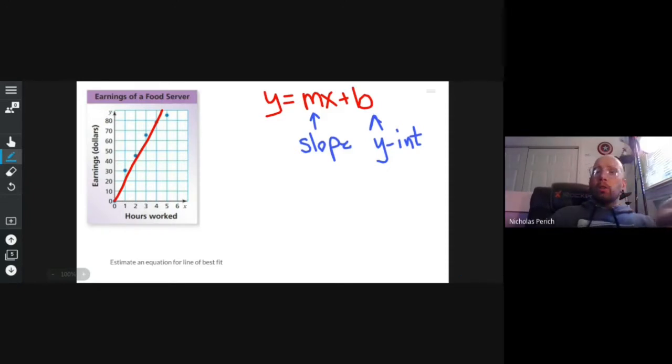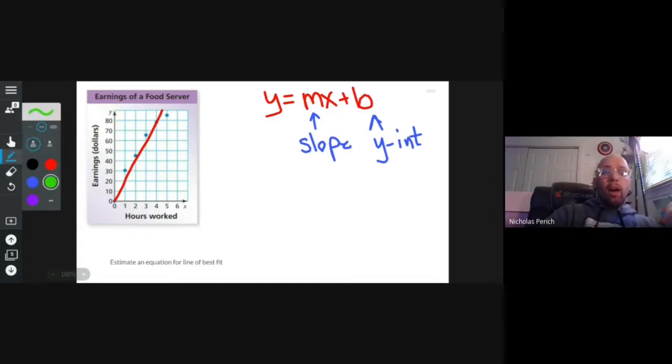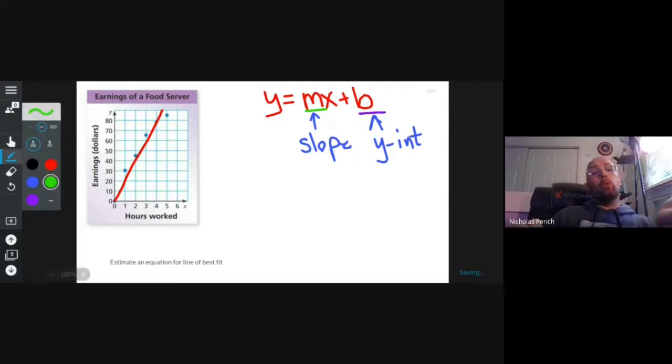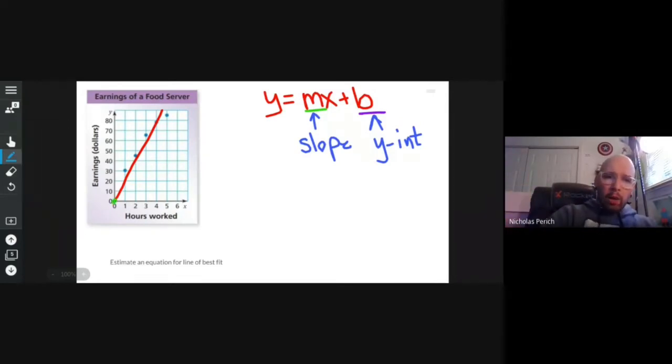Now what I need to do is find the slope and find the y-intercept. The slope is found by looking at my graph and doing rise over run. So I look at my red line and I can put a dot right there and a dot right there. Be very, very careful. When I go up every space, I'm not going up 1, up 2, up 3.